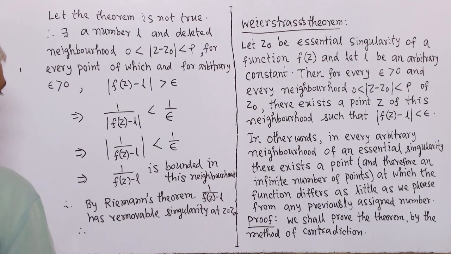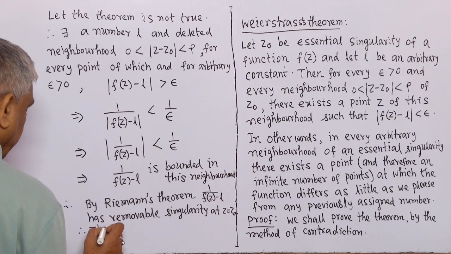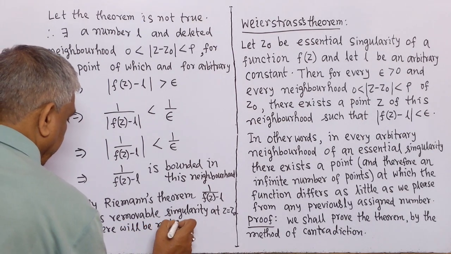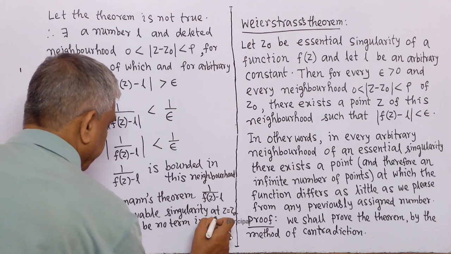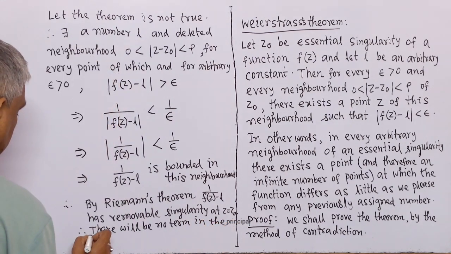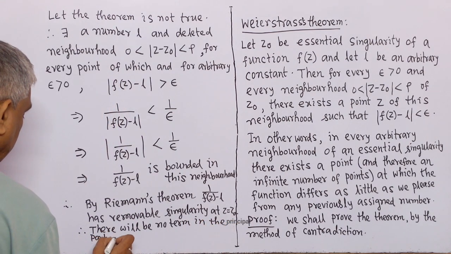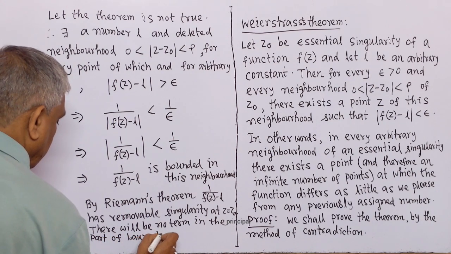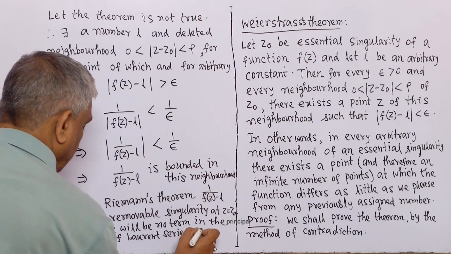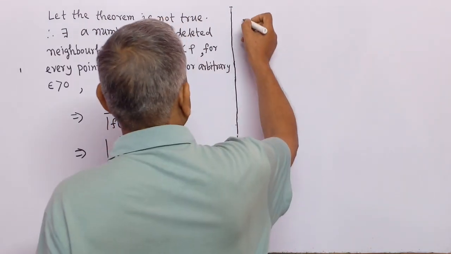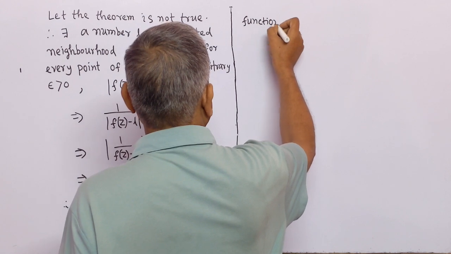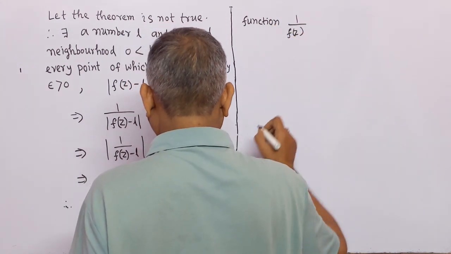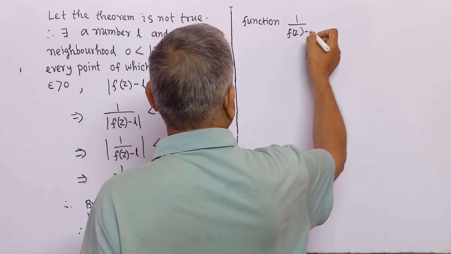Therefore, there will be no term in the principal part of Laurent series of the function 1 by (f(z) minus L).